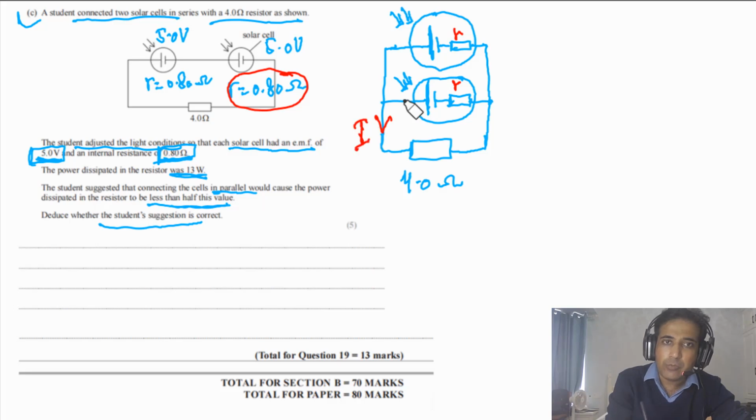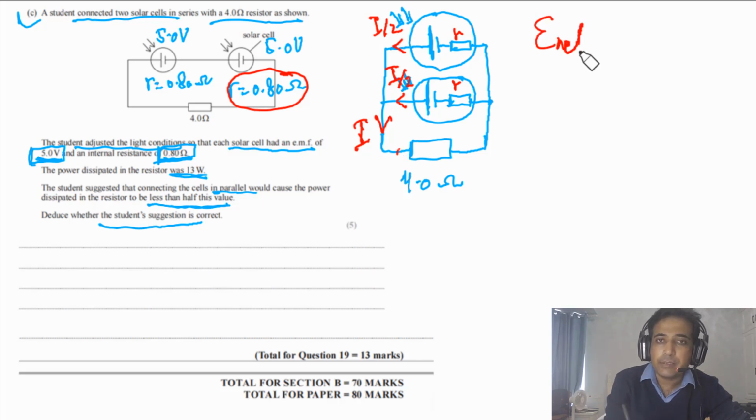So how much current is coming from here? As these two are identical cells, the current from each cell will be half of the current passing through this resistor. So we can say this is I by 2. Now what is the net EMF? The net EMF in this case is equal to only 5.0 volts.